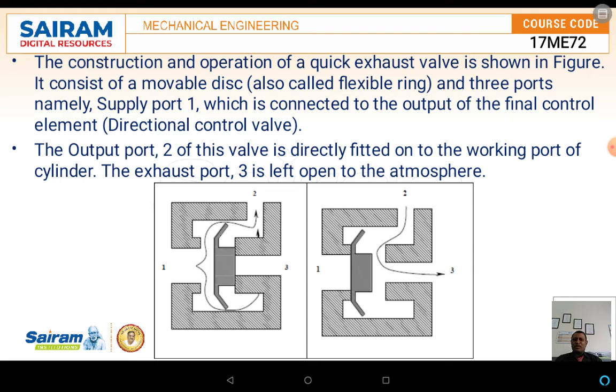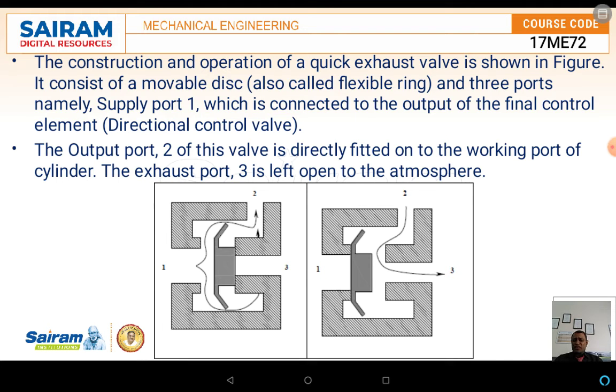The air or pneumatic pressure in the cylinder is expelled through 2 to 3, and the expulsion is also faster. This is the simple working principle of the quick exhaust valve.